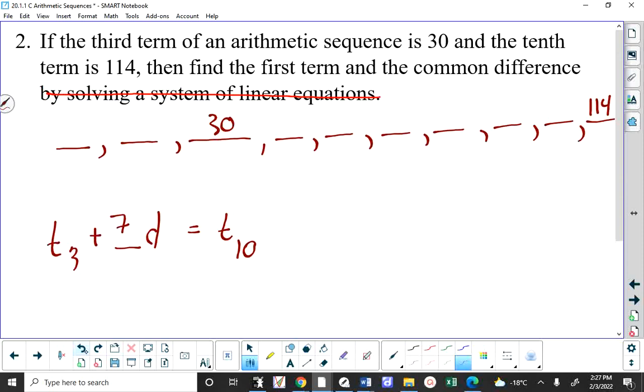You would say that to go from 30 to 114, you're going to add 7 common differences. And I would like everybody to solve this equation for D, which would involve taking 114 minus 30 and then dividing by 7.